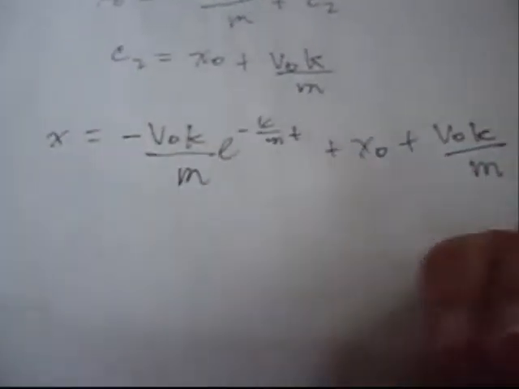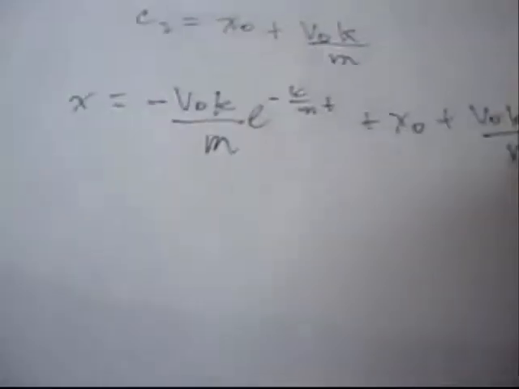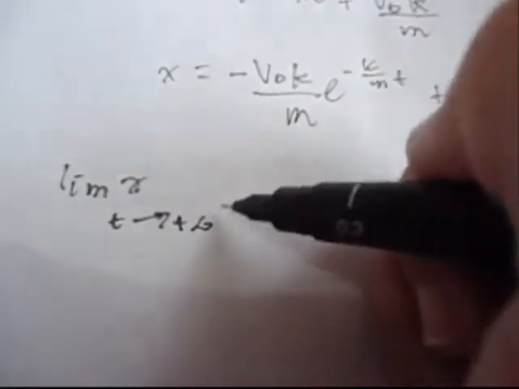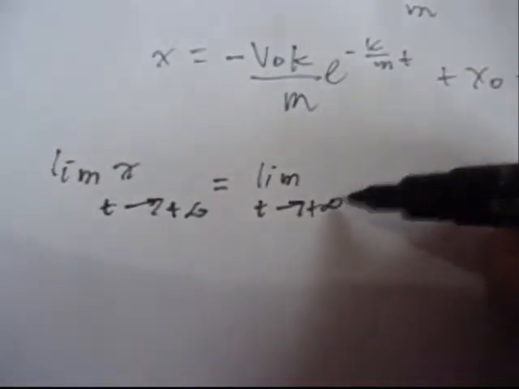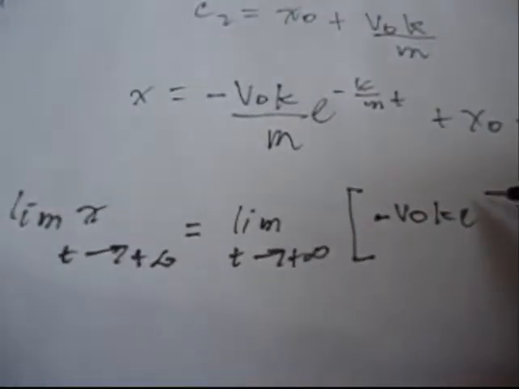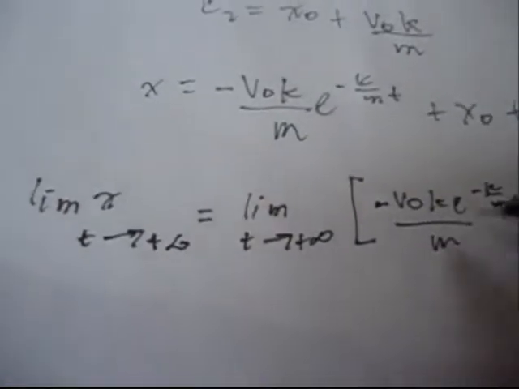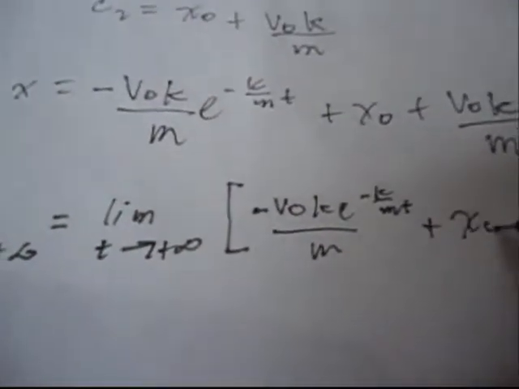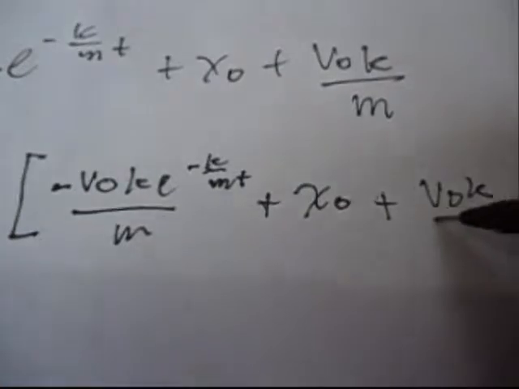So in this case, we will just get the limit. We have the limit of x as t approaches positive infinity equals the limit as t approaches positive infinity of negative v sub o m over k e to the power of negative k over m t, plus x sub o plus v sub o m over k.